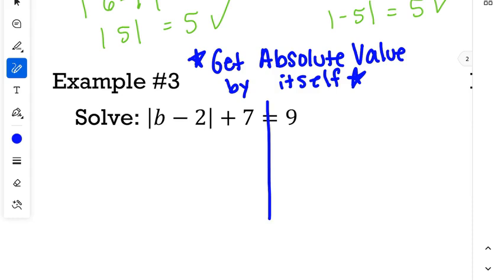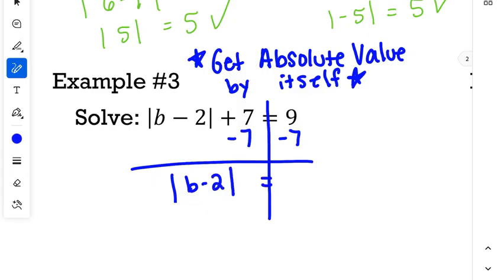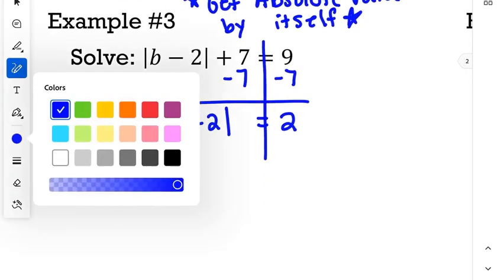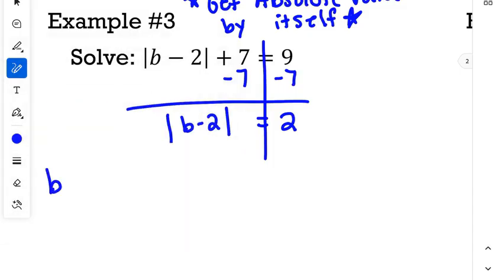So I'm going to start by isolating that b minus 2 in the absolute value. So I do that by subtracting 7. 9 minus 7 is 2. Okay, so now we have the absolute value by itself. Now we can write our two equations. So we can do b minus 2 equals 2, and b minus 2 equals negative 2. And solve that.